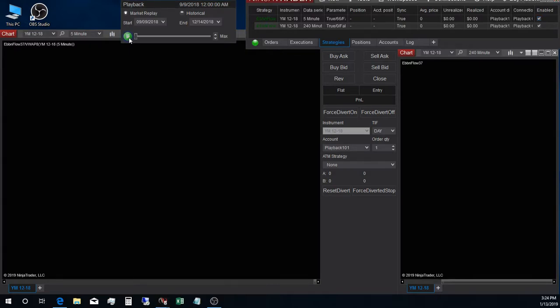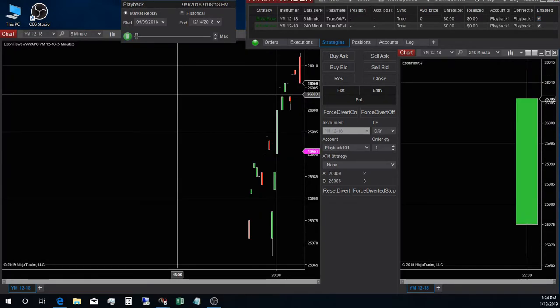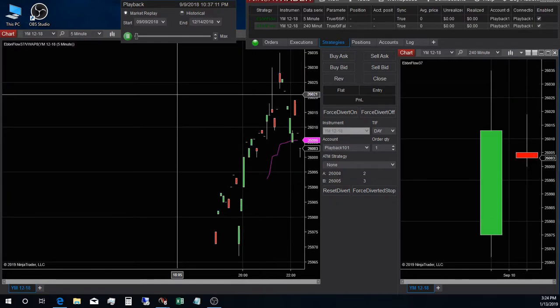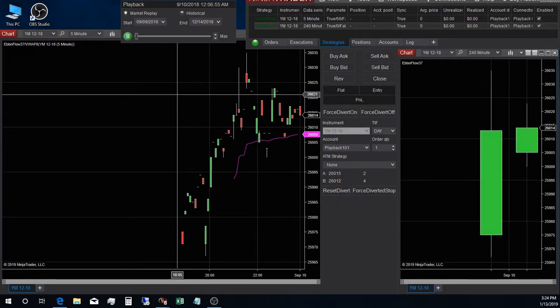Okay, we'll get it started here. As soon as we have enough data past in order for it to build out the bars, we can get going. I'm sorry, in order to build out the trend range indicator.